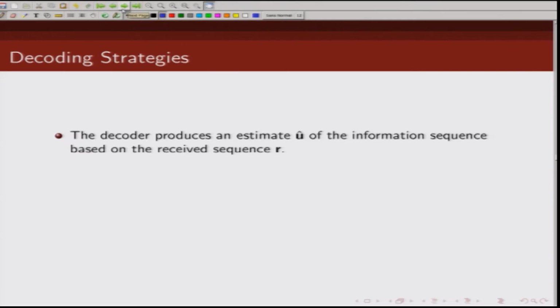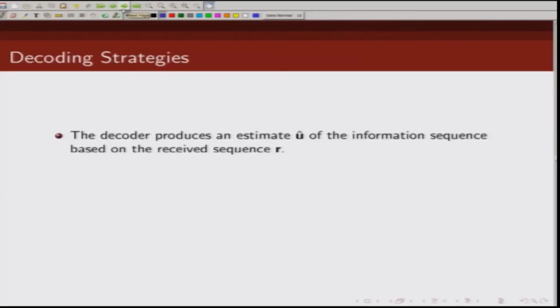Now, let us move to the topic of what sort of decoding strategy we should employ when we want to decode a code. As I said, the decoder's objective is that it takes as input the demodulated signal R, and it has to produce an estimate of the information sequence U hat, right.